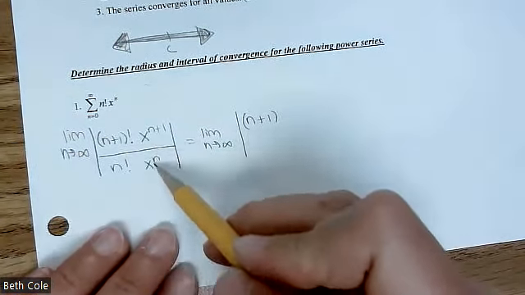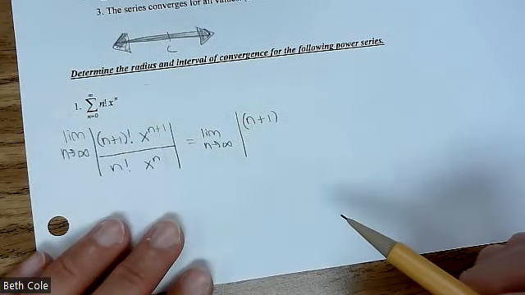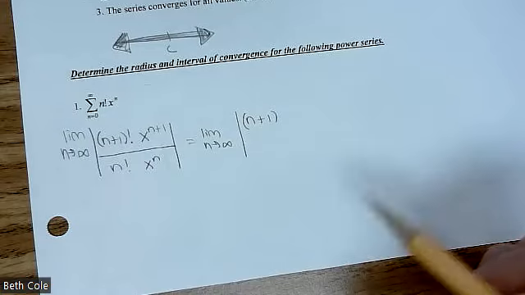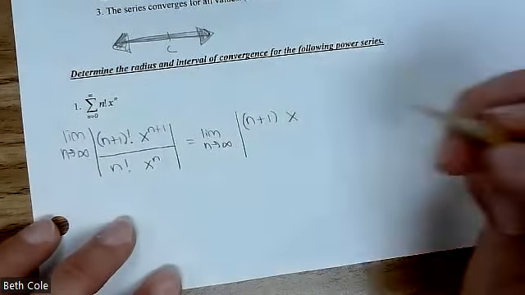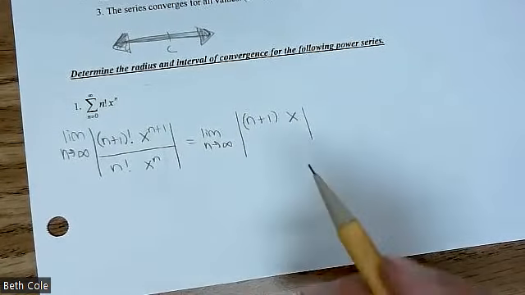And then what about these? You'd have x in the numerator. So actually there's nothing in the denominator. You could put it over 1 if you want, but you don't have to put anything. And then the last step was evaluate the limit.